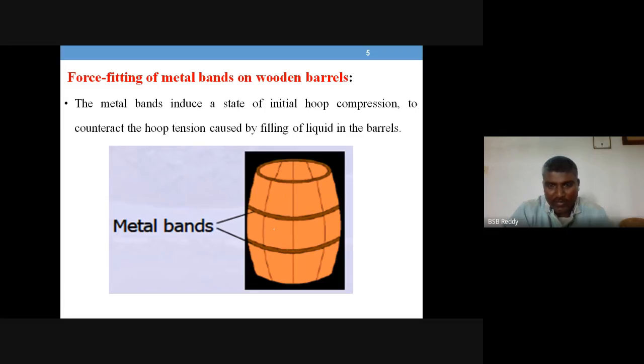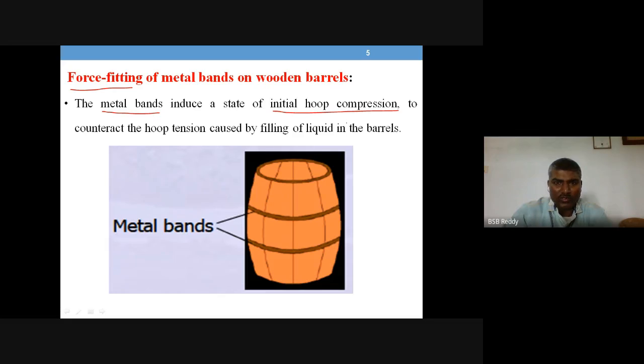Imagine a wooden barrel carrying some water, how do you prevent the leakage? The main concept is to introduce metal bands around the wooden planks. Force fitting of them will generate initial hoop compression.